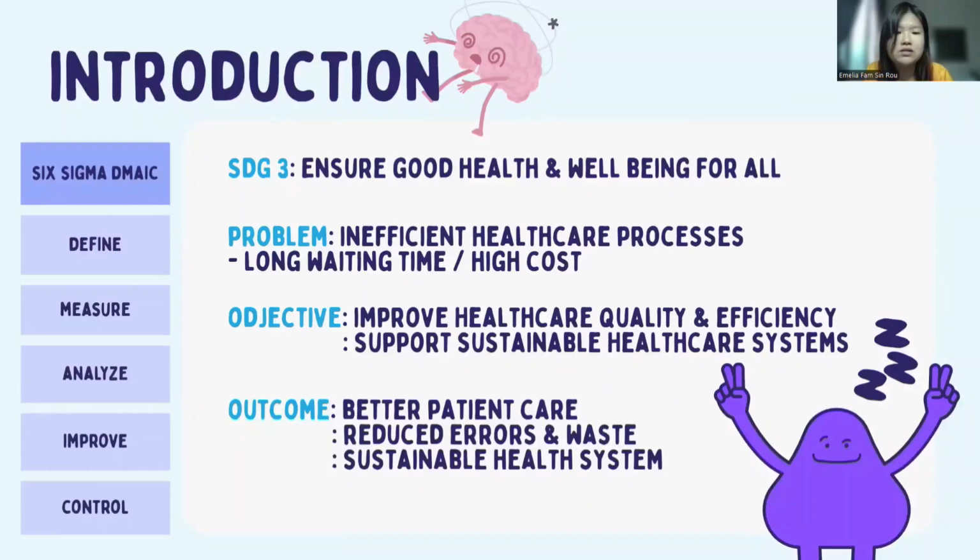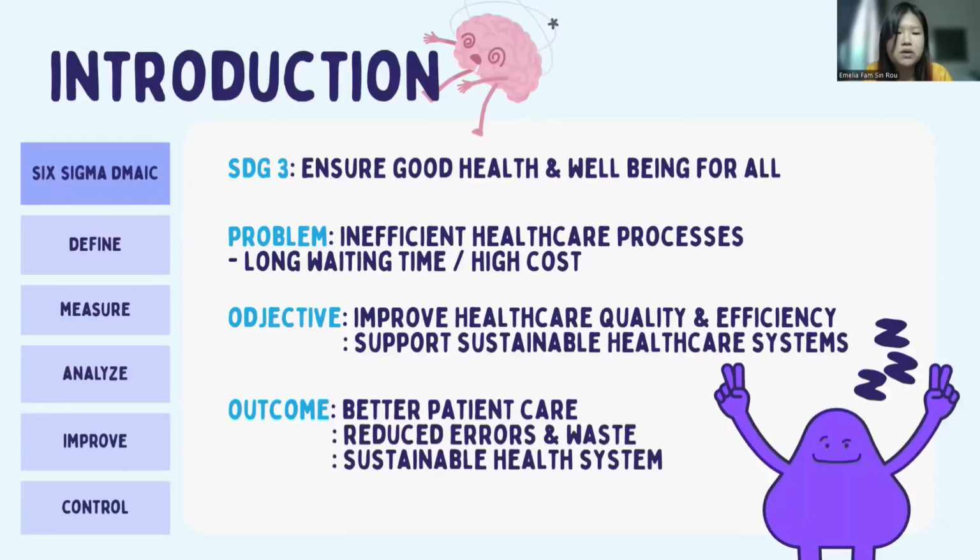To achieve this, the Six Sigma DMAIC methodology is applied. First, define the healthcare problems. Second, measure current performance. Third, analyze the root causes, then improve the processes. And finally, control, to ensure that improvements are sustained.